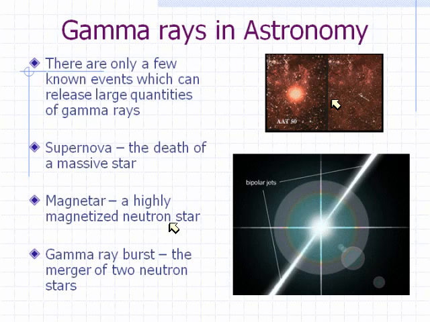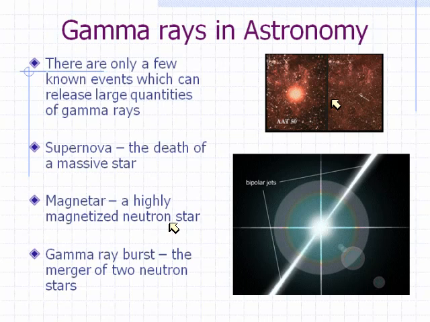Magnetars are highly magnetized neutron stars. Neutron stars have a very intense magnetic field to begin with. And these special neutron stars will actually deform their crusts as the magnetic field rearranges itself, producing a large burst of gamma rays.